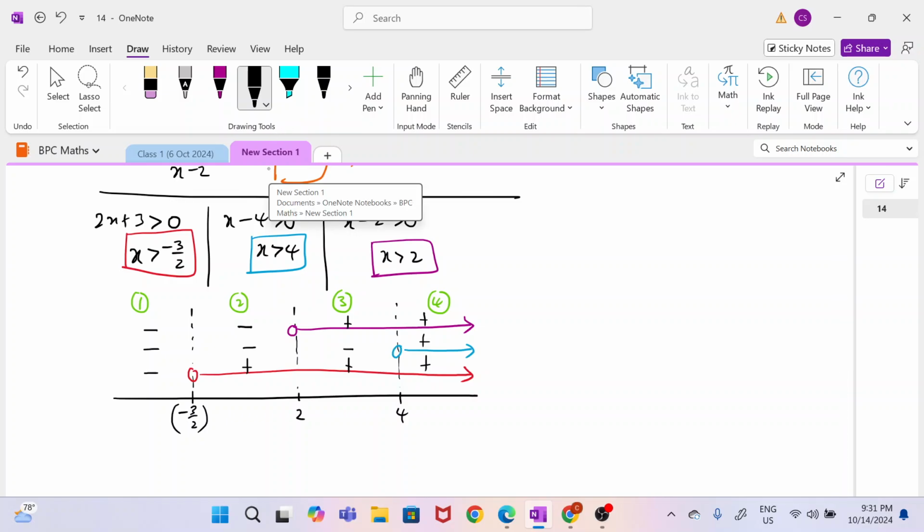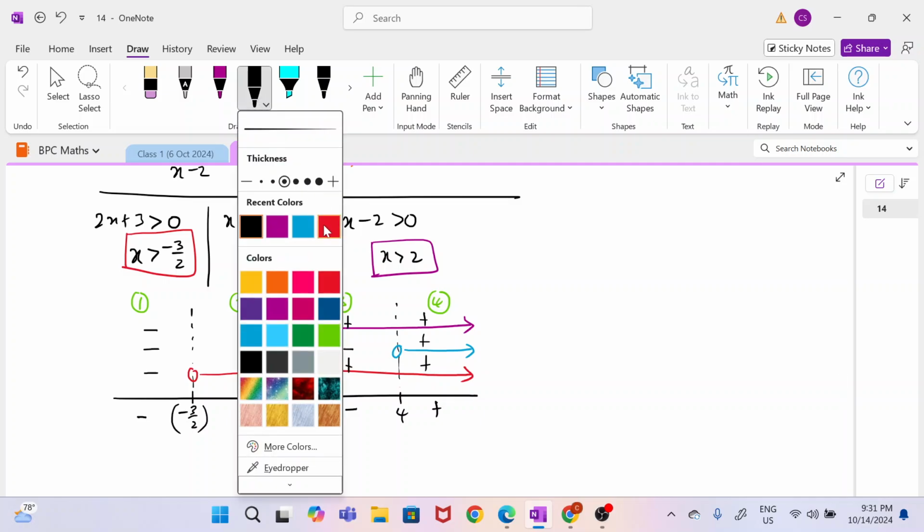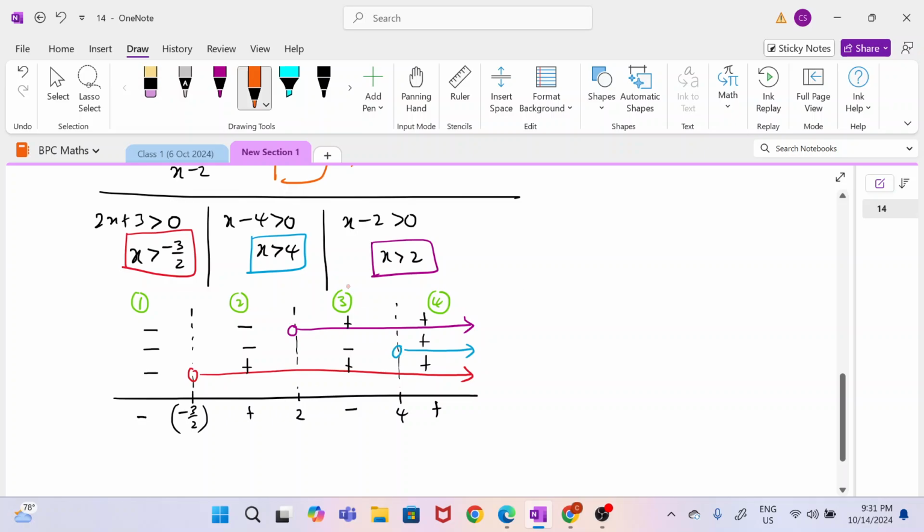Now, plus plus plus becomes plus here, plus minus minus plus becomes minus here, minus minus plus plus becomes plus, and this one is minus. So what we need is positive.